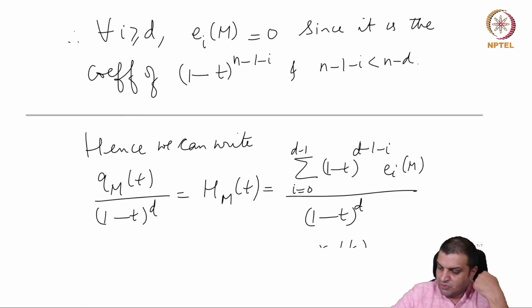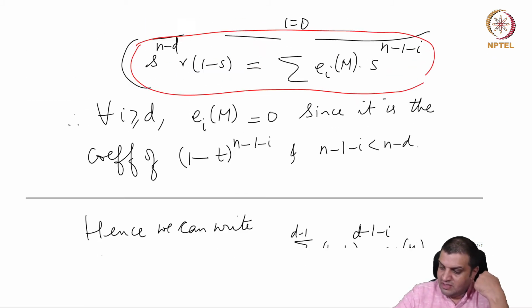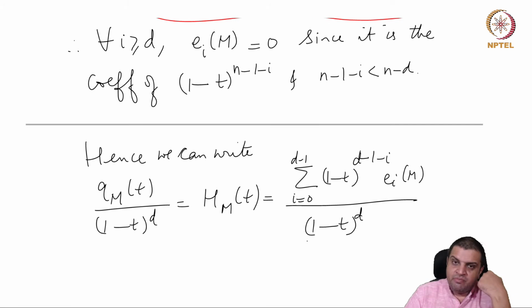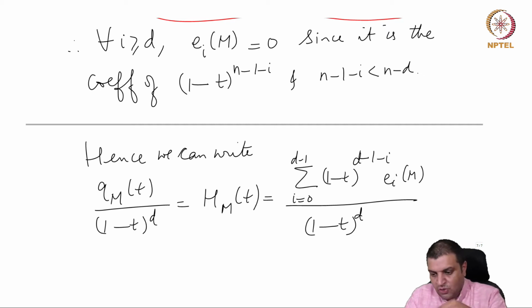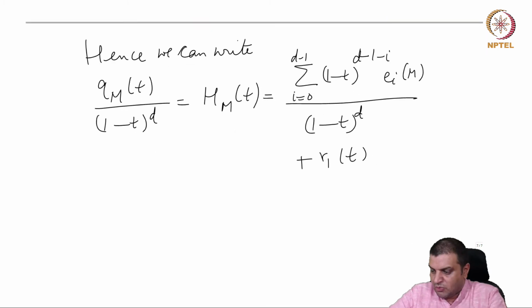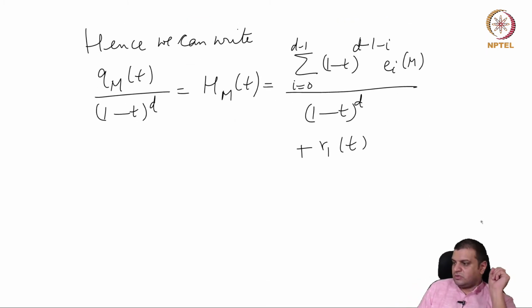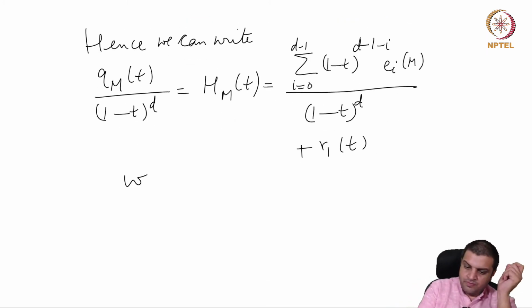Remember, this expression was for P_m, the generating function for the non-negative degrees. That differs from the Hilbert series by some Laurent polynomial R1 of t.